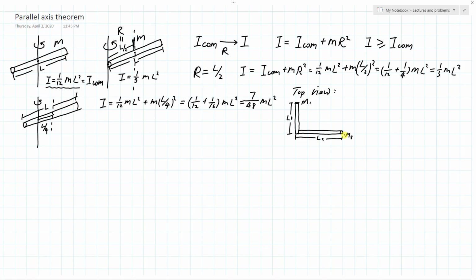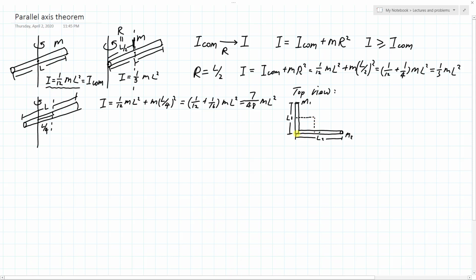So we're going to find the rotational inertia of this thing through whatever point you like to pick. So let's say here, that's the center. So let's pick this point.